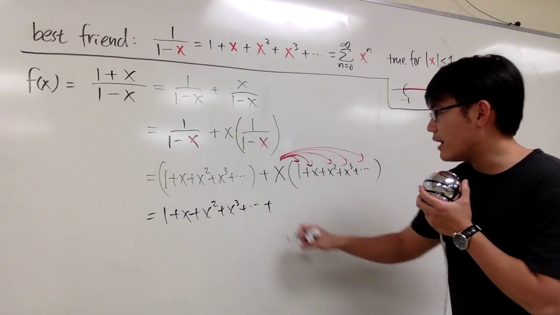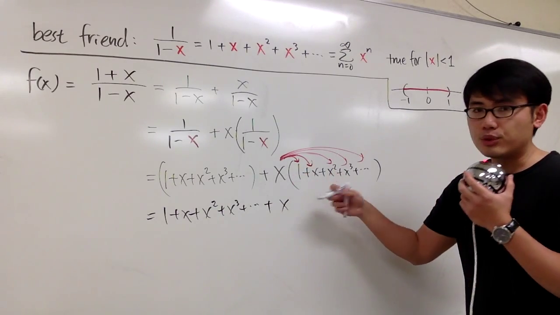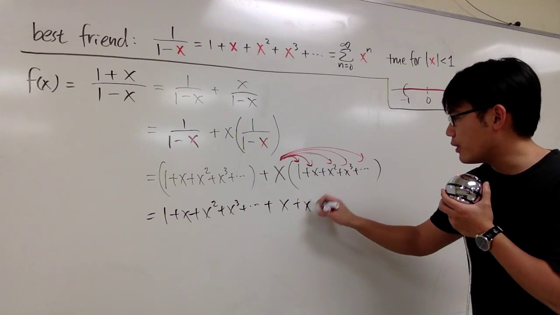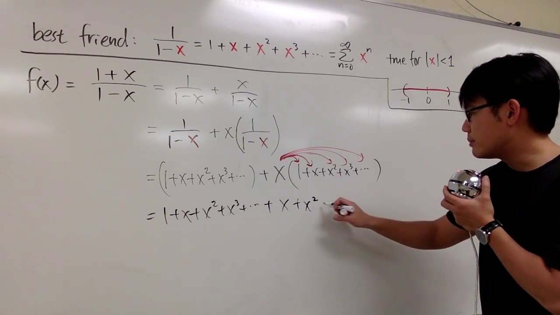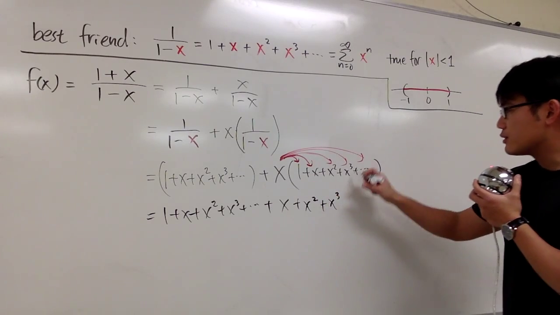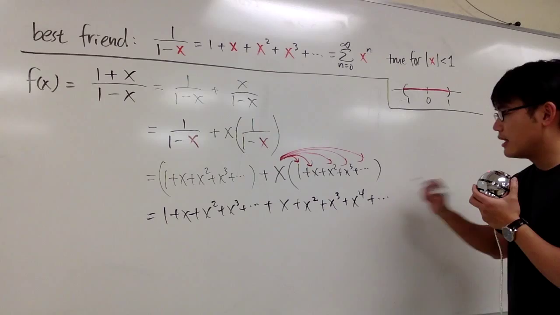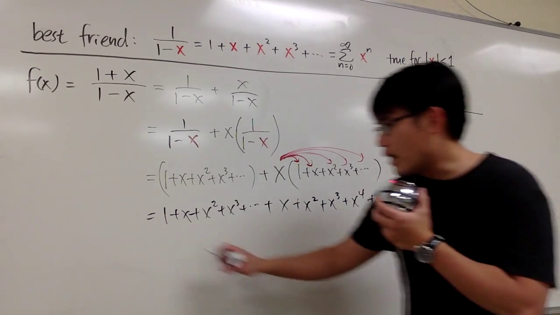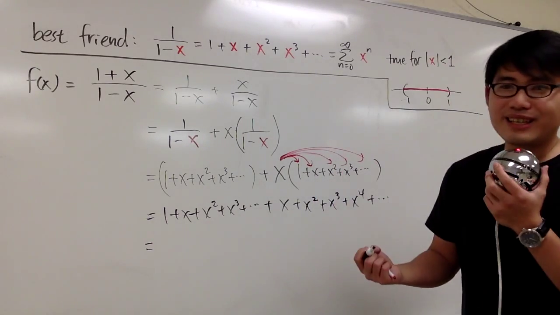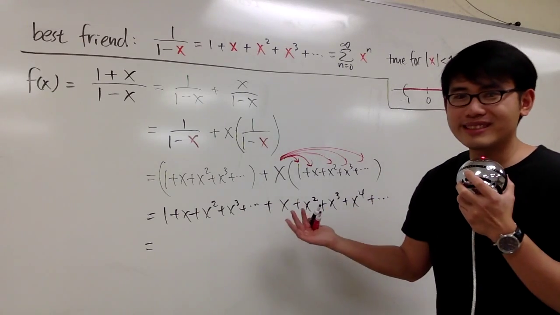But then for the second one, we will have x times 1, which is x, x times x, which is x squared, so plus x squared, x times x squared, we have x to the third power, x times x to the third power, we will have x to the fourth power, and so on. And now we can combine like terms, just like doing algebra, because all this is pretty much just polynomials.